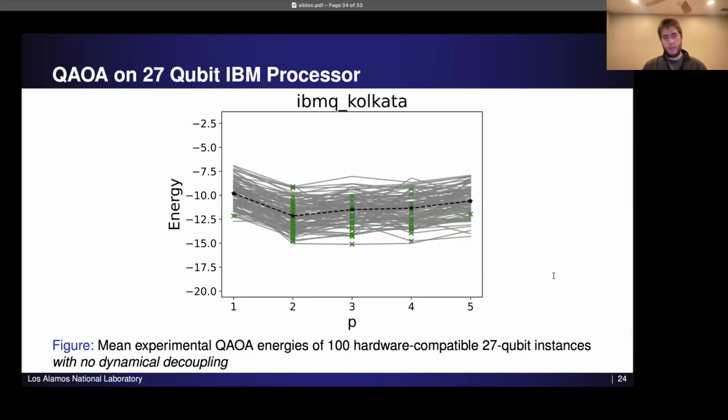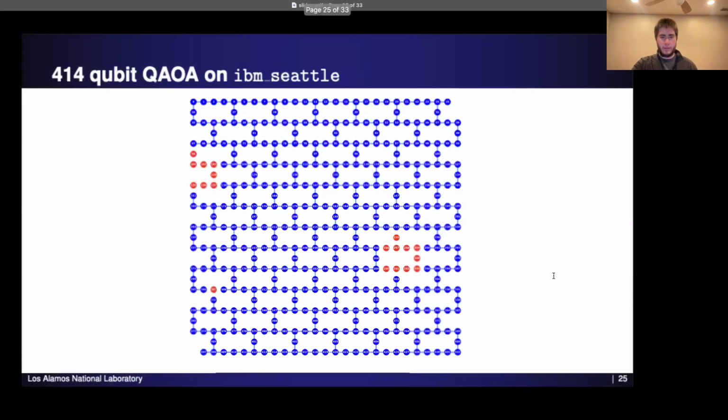And IBM Q Kolkata, similar story. The peak seems to be at P equals 2. And as before, a full ensemble of 100 problem instances. So generally the peak performance was at about P equals 2 or P equals 3 for most of these results.